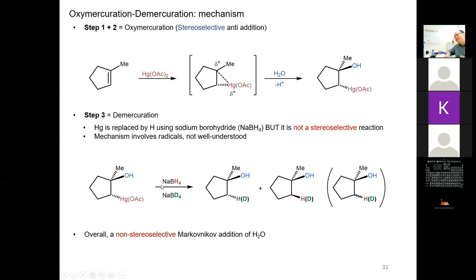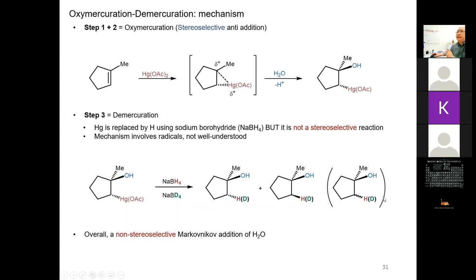So we really don't understand the demercuration mechanism that well, but I would just ask you to memorize that the demercuration reaction is not a stereoselective reaction. Okay, although the oxymercuration generates a perfectly anti-addition product, the demercuration messes that up.